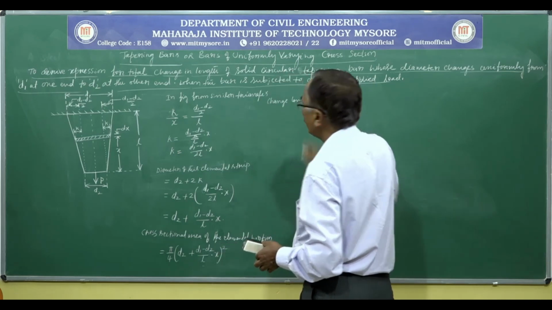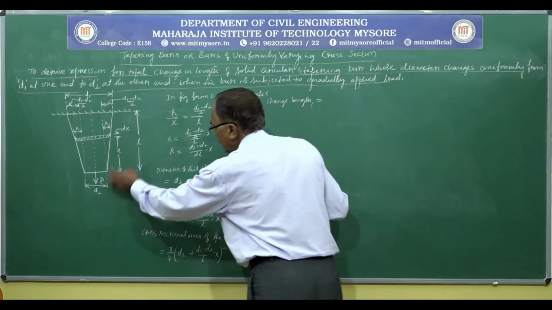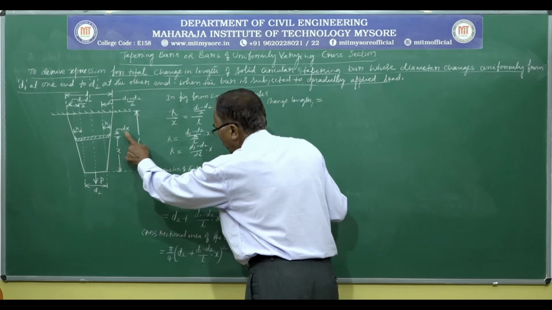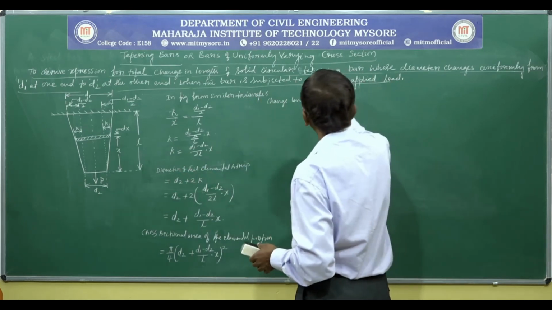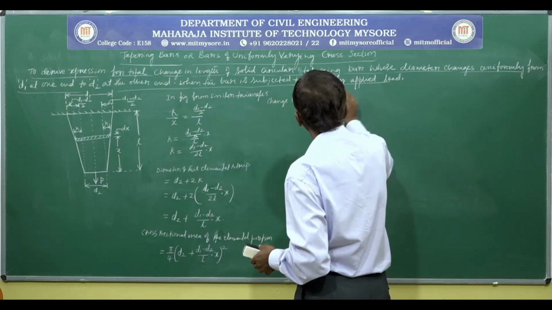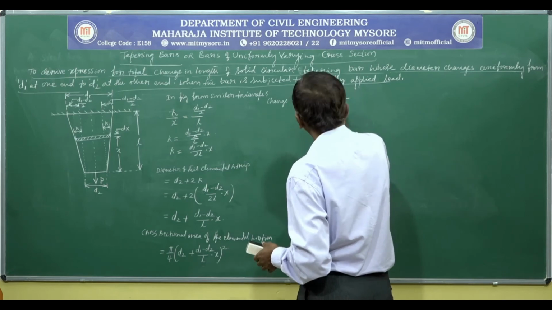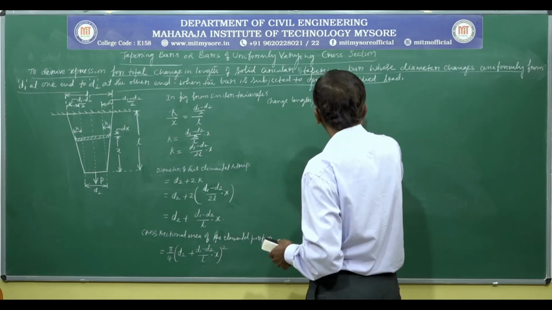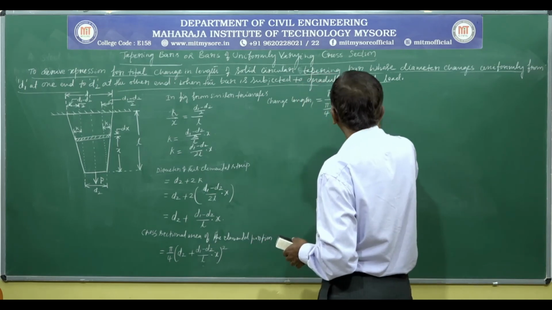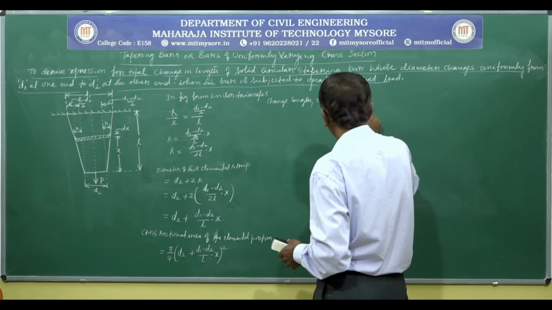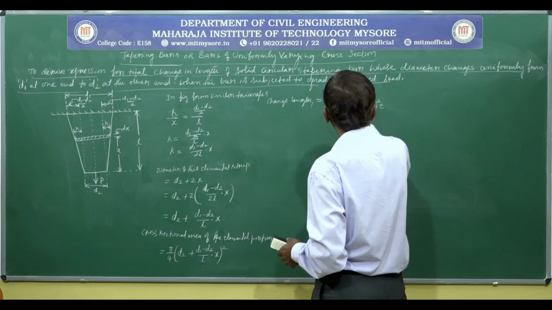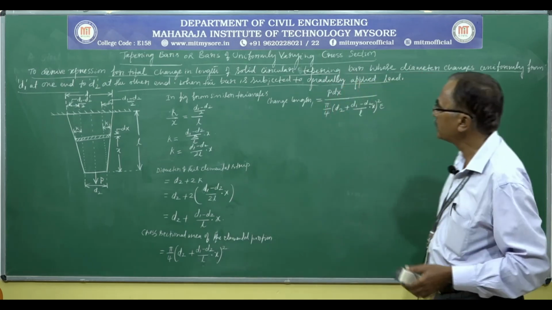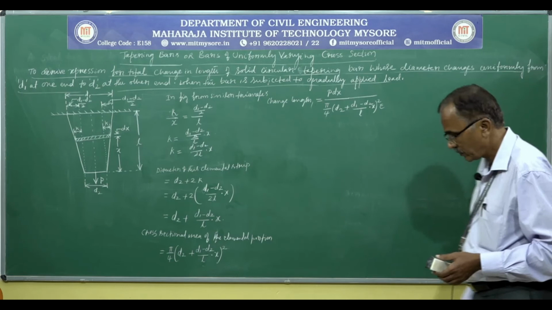Again the applied load is P, L is dx, A is the cross-sectional area and E is Young's modulus, so it is P into dx divided by pi by 4 into (d2 plus (d1 minus d2) divided by L into x) square into E. So, this is the change in length of elemental strip.